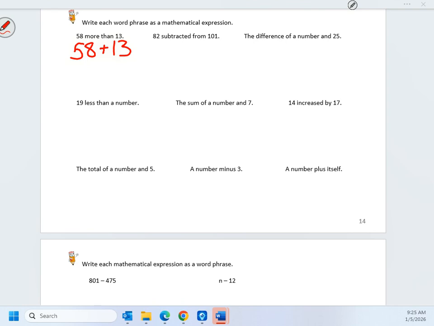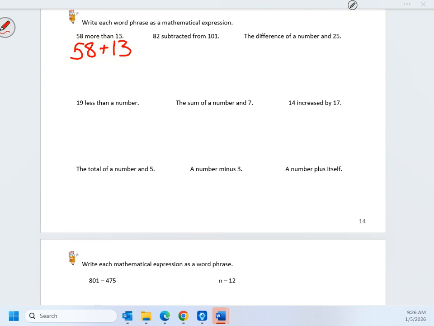So if it's 19 less than a number, it's gonna look a little different than a number minus 19. Right? So be careful when you have to flip them. We do have minus listed down here. Is that going to be addition or subtraction? Subtraction. So you can add that minus under the subtraction table because we didn't put minus on there. So you can add that one under because we know that means subtraction.